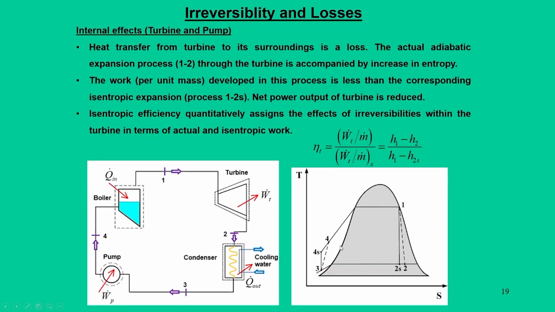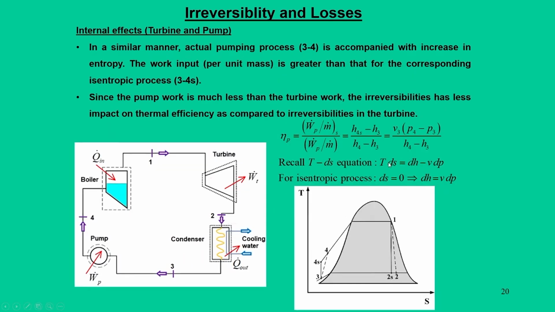We introduce this through the isentropic efficiency of the turbine, which is the net work output per unit mass in an actual process divided by the net work output in an isentropic process. Knowing the state points, we can frame the turbine efficiency eta T as H1 minus H2 divided by H1 minus H2s.